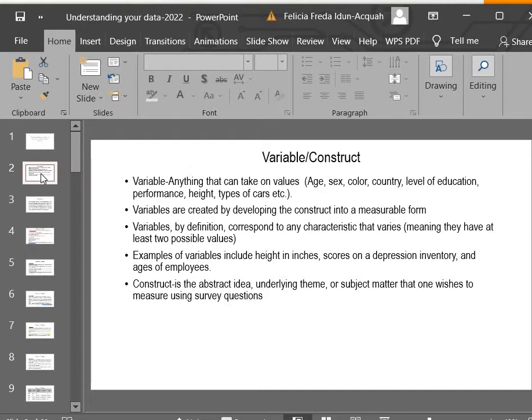So depending on the nature of data that we are dealing with, the values that we assign to variables may have a true meaning, and sometimes the values that we assign to the variables may have no meaning at all. For instance, if I attach 1 to be male and 2 to be female, does it mean that females are 2 times bigger than the male?